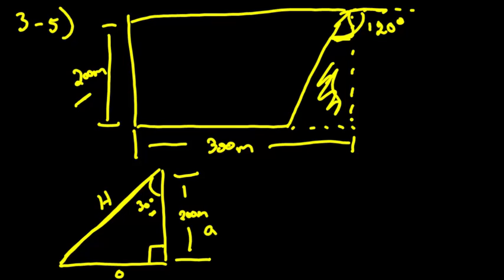In order to find the area, which is what we want to find, we need to know the area of the triangle, which is 1/2 base times height.